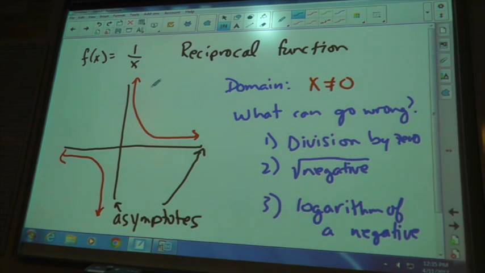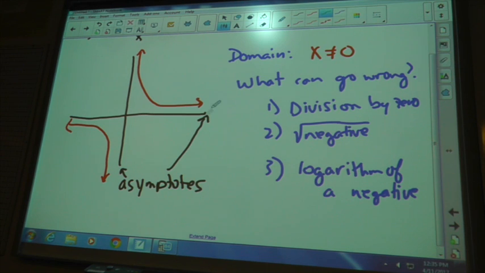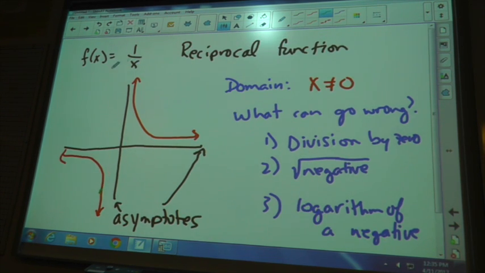What that means is that it gets closer and closer forever, but never touches it. So, what looks to be the asymptote here? What number can I never get out? What number never comes out of this function?